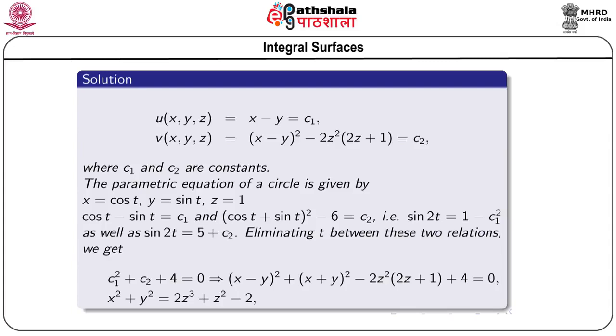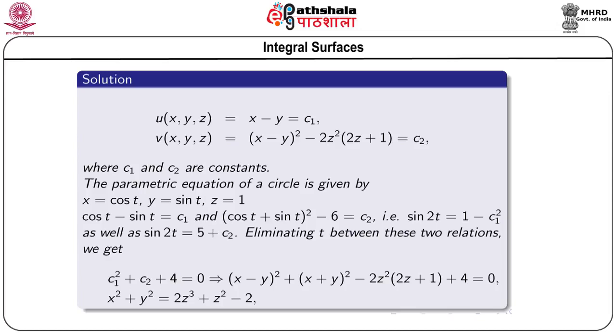From these two equations, if we manipulate, one can obtain the value of sin 2t as 1 minus c1 square, and from the second equation sin 2t as 5 plus c2. So we can eliminate t to obtain a relation between the constants c1 and c2, like c1 square plus c2 plus 4 equals 0.